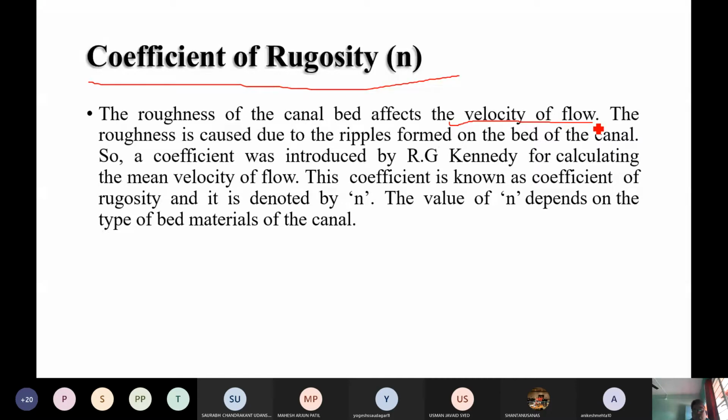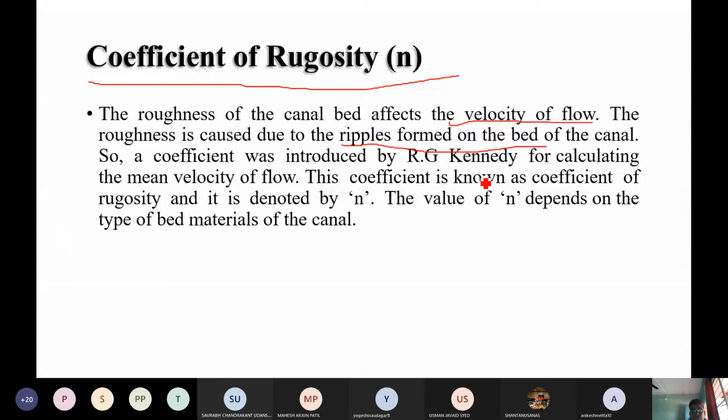So this roughness is caused due to the ripples formed, or there is a formation of ponds or potholes generated at the bed of this canal because of the formation of eddies and vortices. So this roughness parameter is caused due to the ripples formed on the bed of the canal.